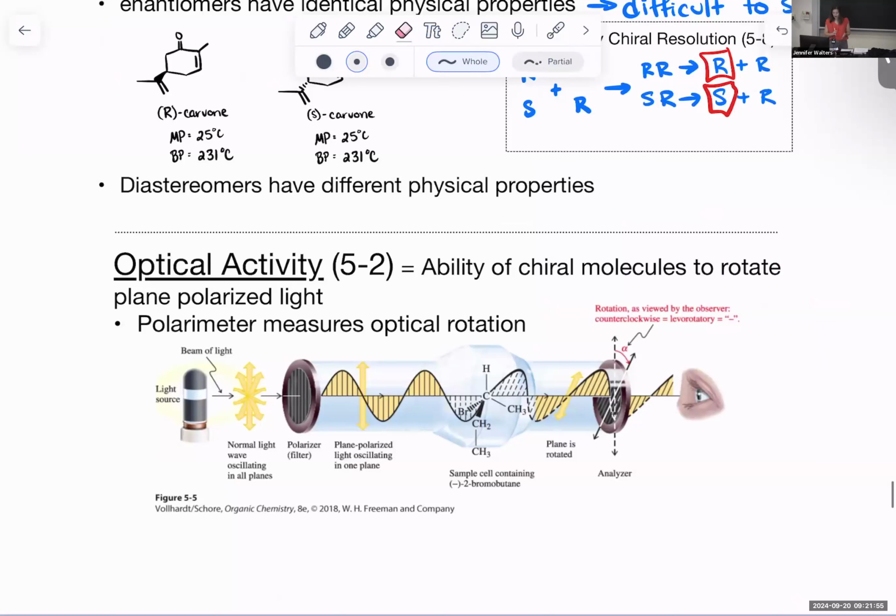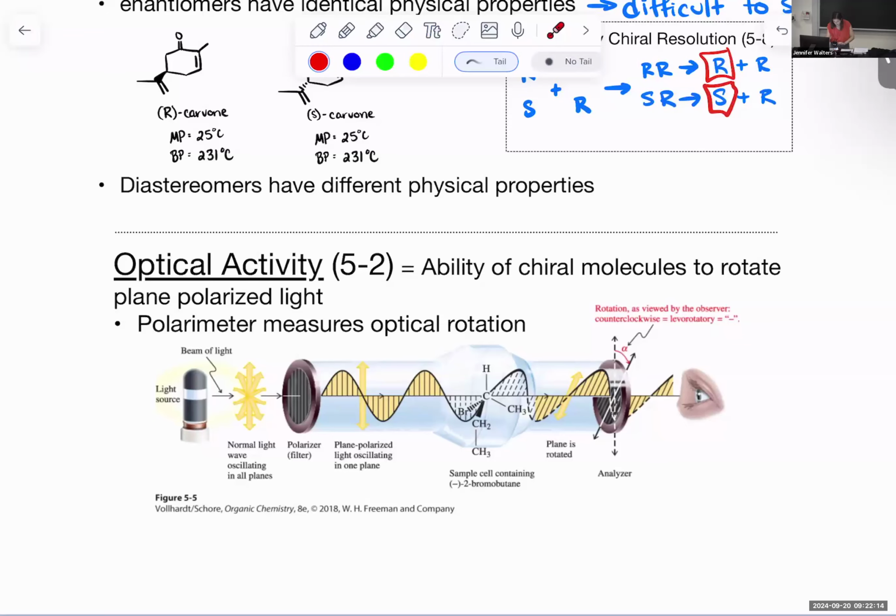So I start talking about optical properties. Optical activity is the ability of a chiral molecule to rotate plane polarized light. So I told you that back at the beginning when we were defining what an optical isomer was. I said that it would rotate plane polarized light, and then I was like, just believe me, I'll tell you what that means eventually. Now I'm finally going to tell you.